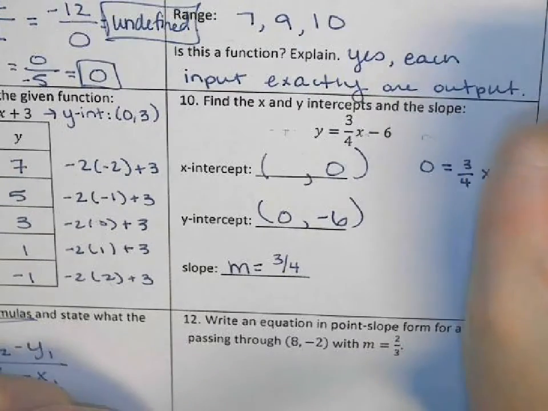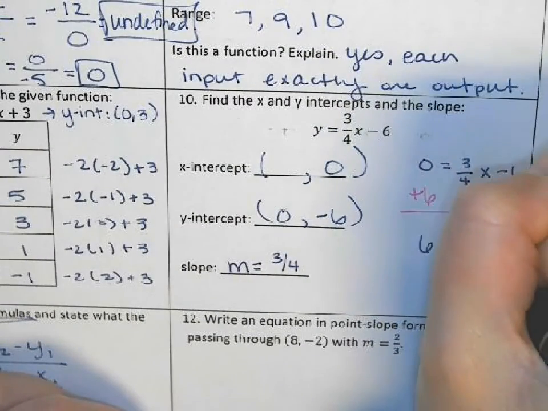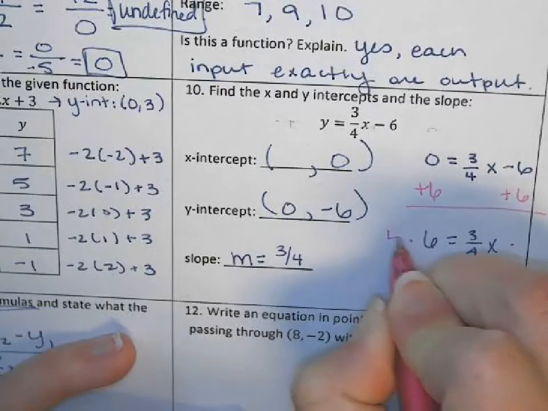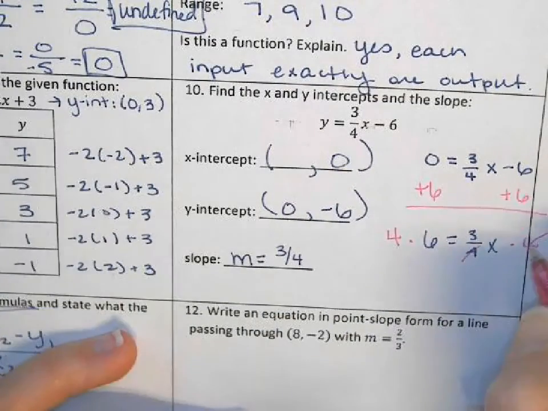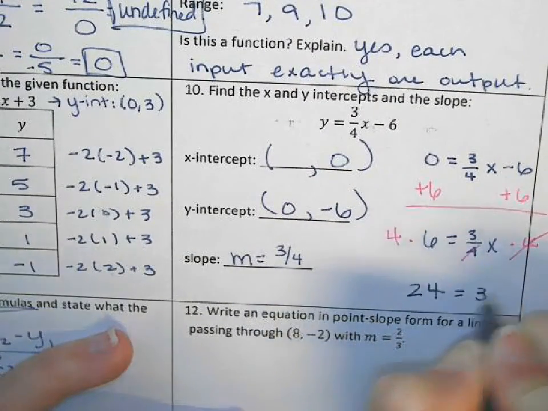What's the first thing I do here? I'm going to add 6 to both sides. I get 6 equals 3/4 x. What do I do next? How do I get rid of that fraction? Multiply both sides by 4. Good. That gets rid of that fraction. 24 equals 3x.